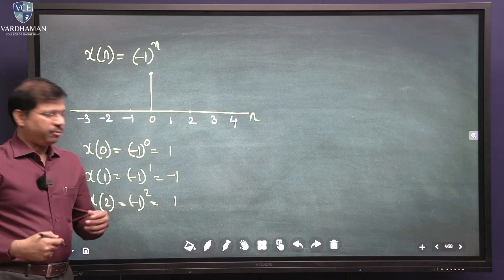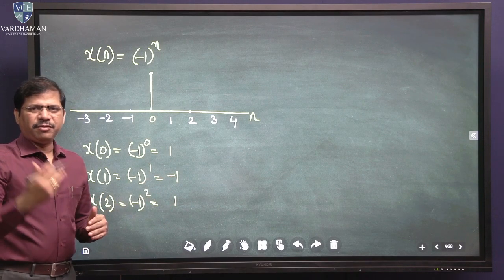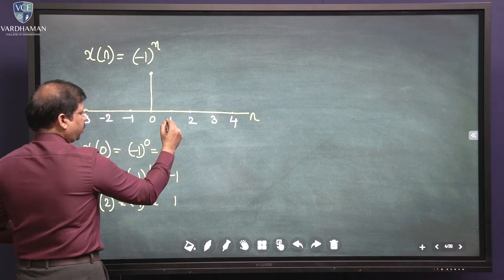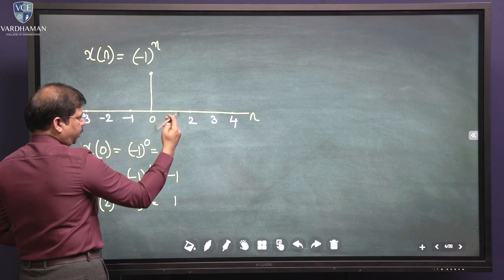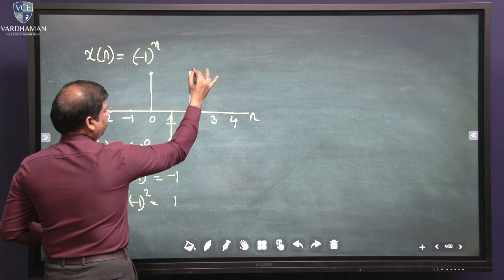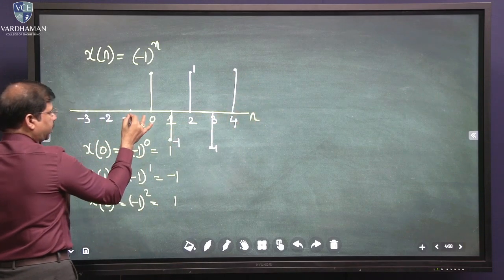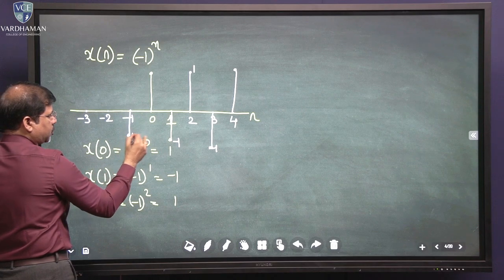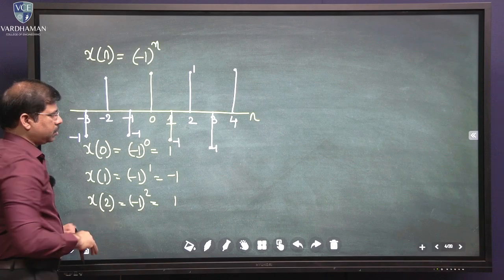So for odd values of n you get minus, and for even values of n you get plus. Simple. Now let us plot that. At n equal to 1, I get minus 1, so minus 1 in the downward direction, then plus 1, minus 1, plus 1, minus 1, like that. And here minus 1, and here plus 1, here minus 1, like this.